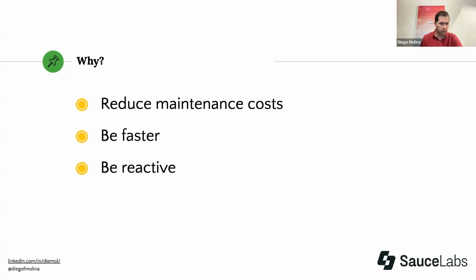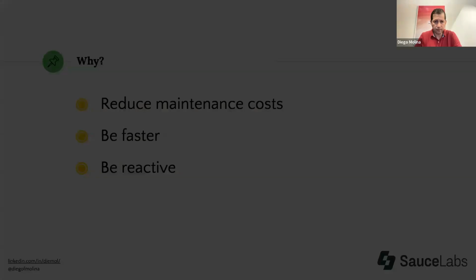If you have a framework that is already implementing that, most likely your effort will be reduced and therefore your maintenance will be reduced as well. And also you can be faster because there is a shorter time to have something working. And when the browsers change, when the standards change, you can be reactive because most of the time those tools will have a solution for you already.